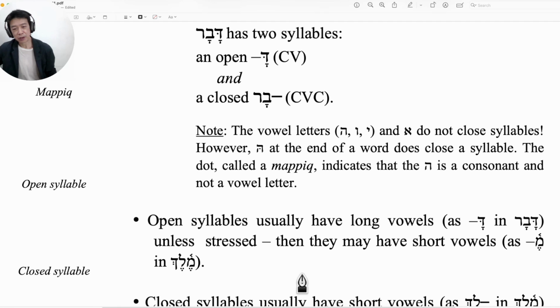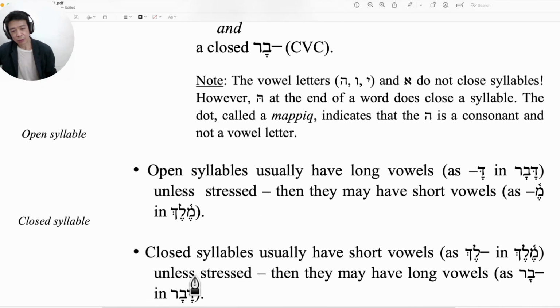Open syllables usually have long vowels, such as the dalet with a qamets in davar, unless stressed. Then they may have short vowels, as in melek. It will become more clear to you as we continue in this lesson series.